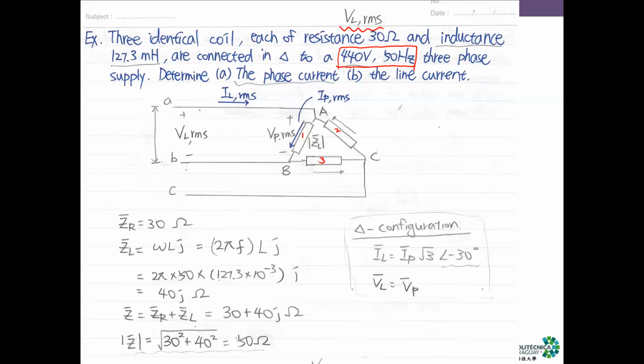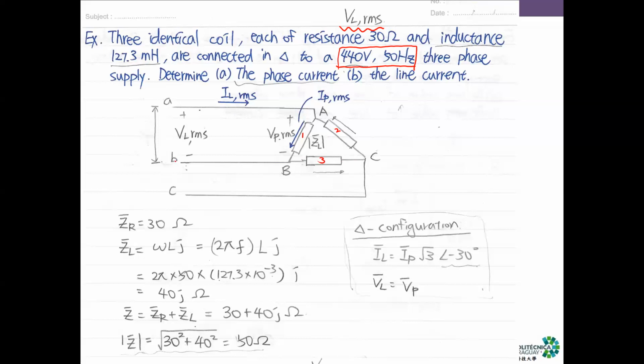Okay, and what is line voltage? For a three-phase system, there are three lines. Because it's in delta connection, there's no neutral line.